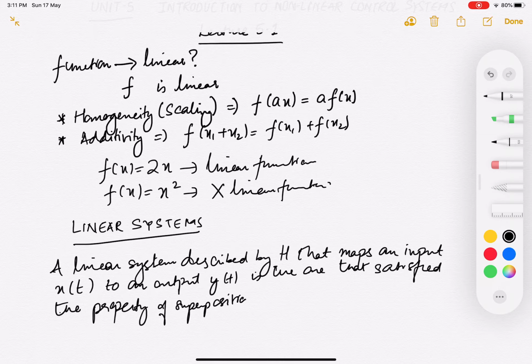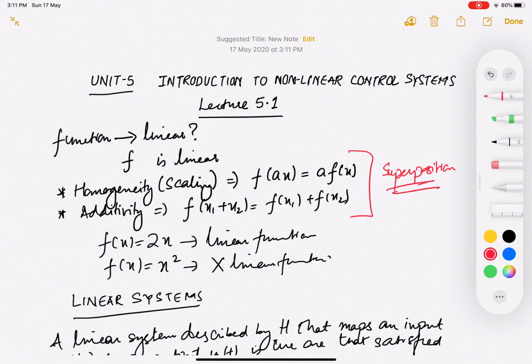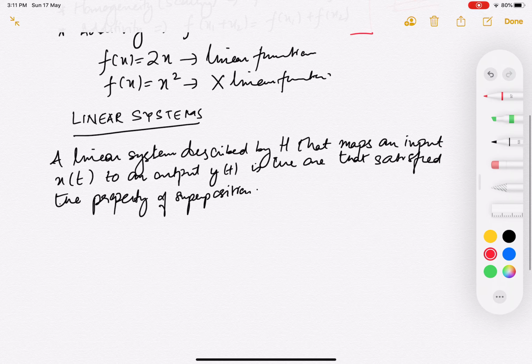These two properties that we just discussed together are the properties of superposition. So if these properties are satisfied by a system, which is basically an input to output mapping, then that system is called a linear system.